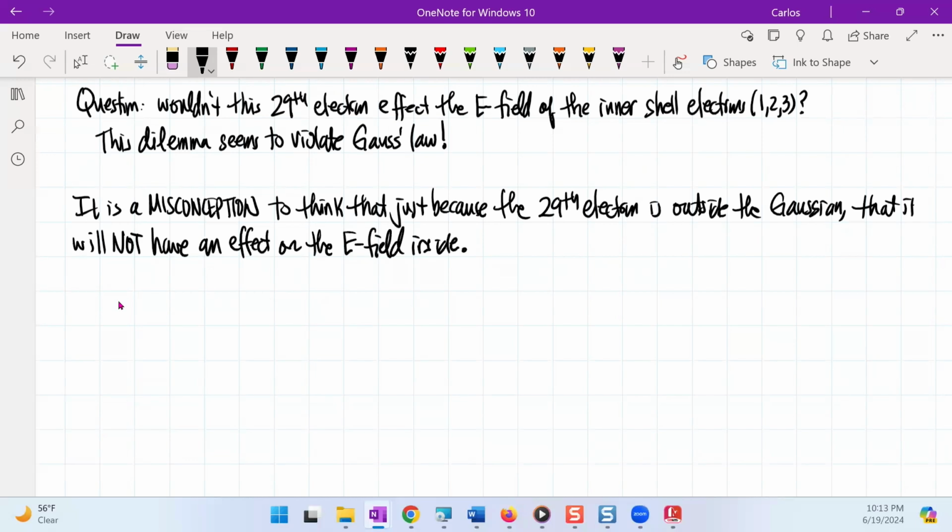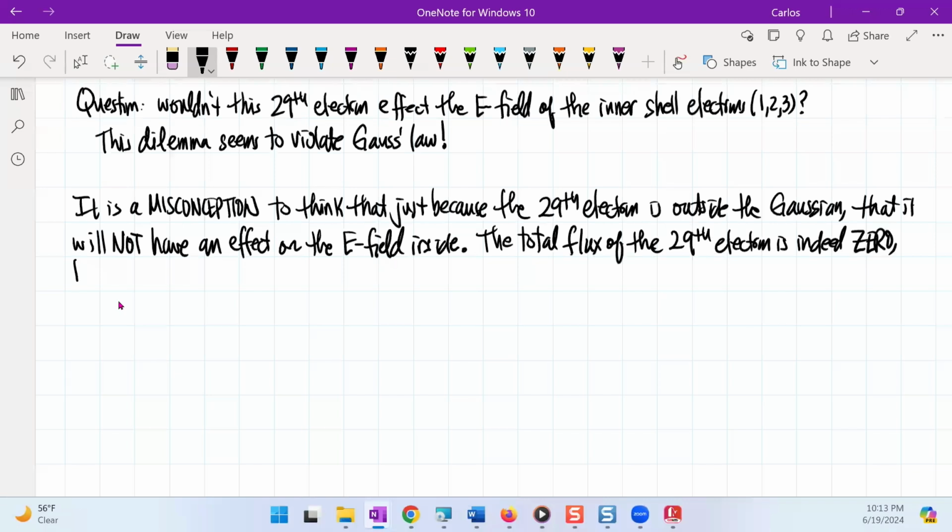So, in other words, the total flux of the 29th is indeed 0, but that doesn't mean there is no influence.